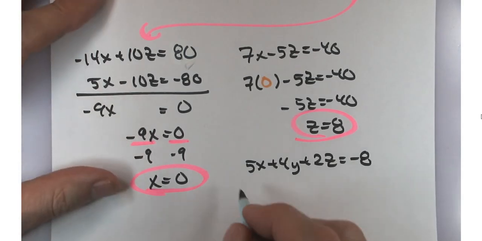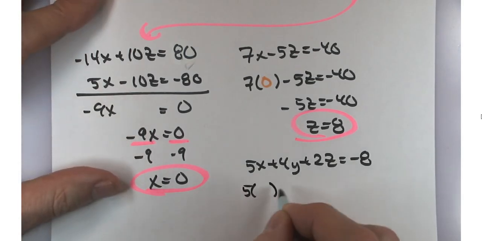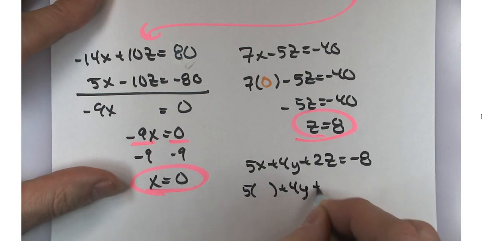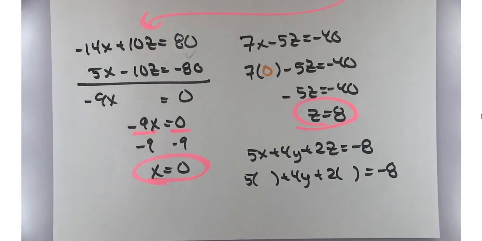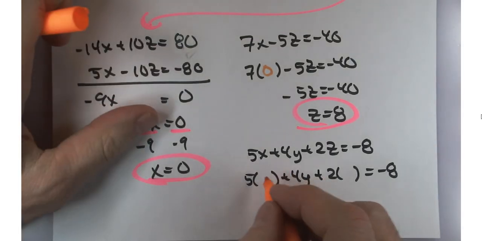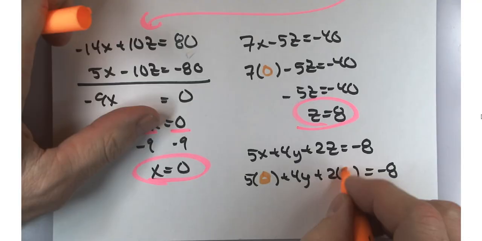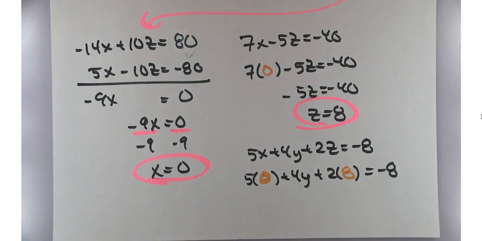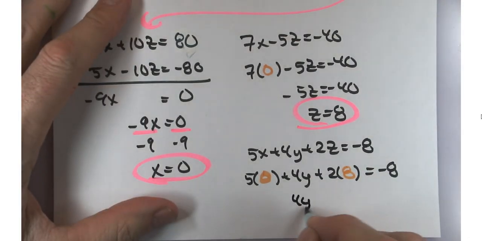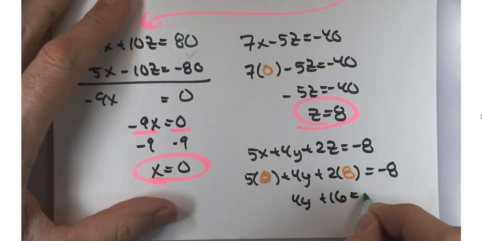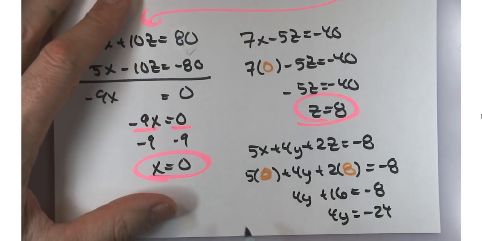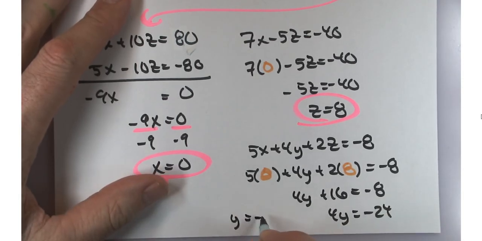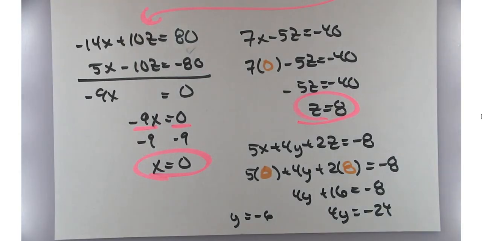We're just happening to choose the first one. So plugging in 0 for x and 8 for z, I end up with 4y plus 16 equals negative 8. Subtracting 16, I end up with 4y equals negative 24. So y equals negative 6. Yay.